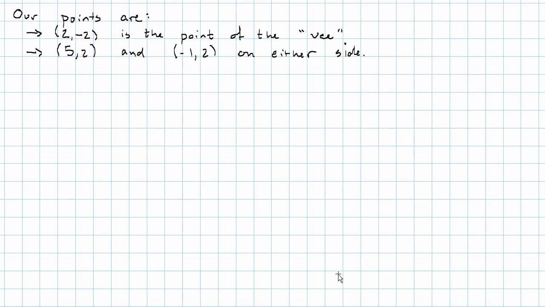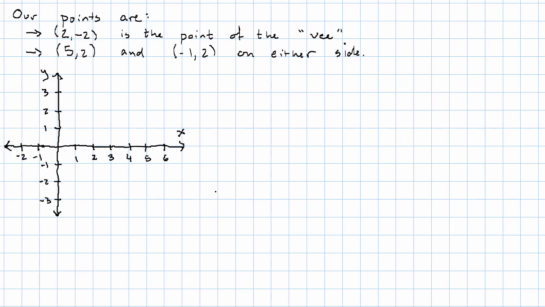So our axes might look something like this. And then our points: the point of the V is at 2, negative 2. And then we'll have a point at 5, 2, and a point at negative 1, 2.